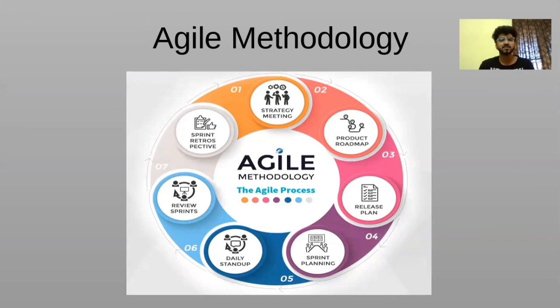So yes, in the agile methodology, firstly there will be a strategy meeting in which they'll be discussing the strategy, how they'll be doing this, and later moving on to the product roadmap, wherein they'll match the stories which have been formed and discussed and which have been moved to a repository, or it is mainly called a backlog.